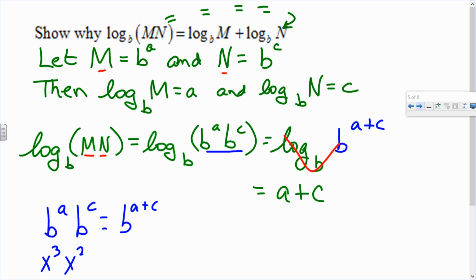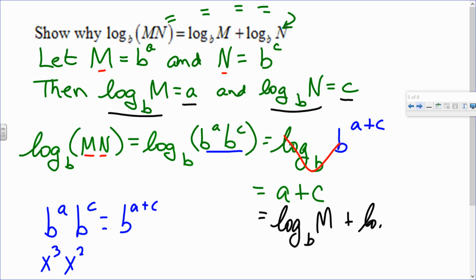But a is log base b of m, and c is the same as log base b of n. And that means I started with log base b of mn equals, and I got to the other side, log base b of m plus log base b of n, so I have verified that.